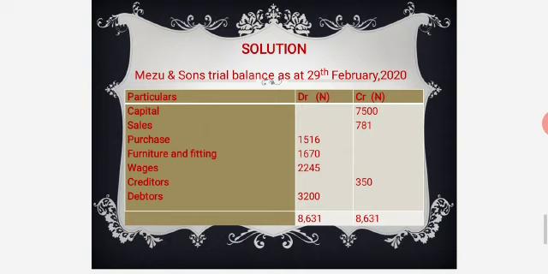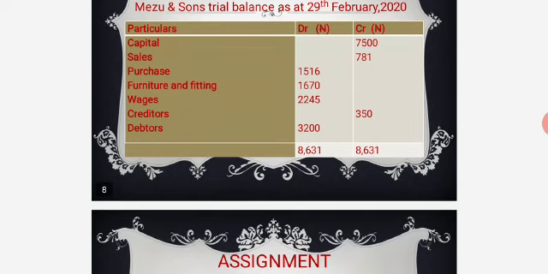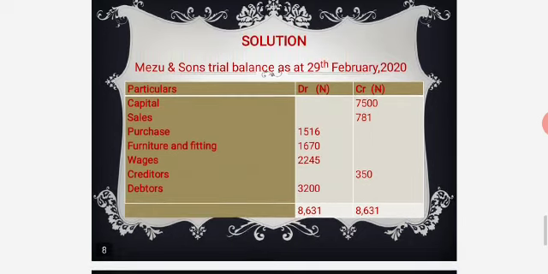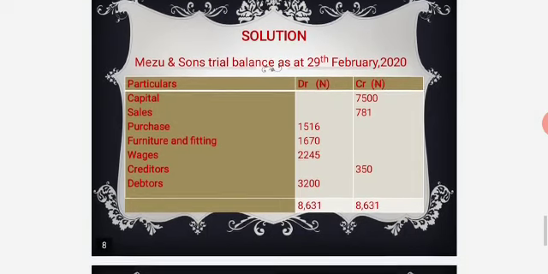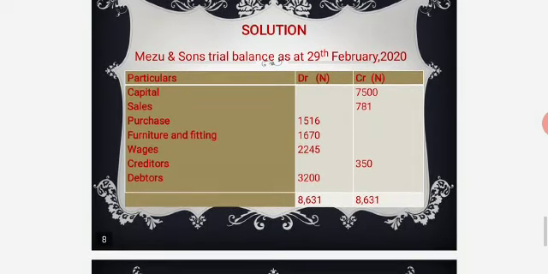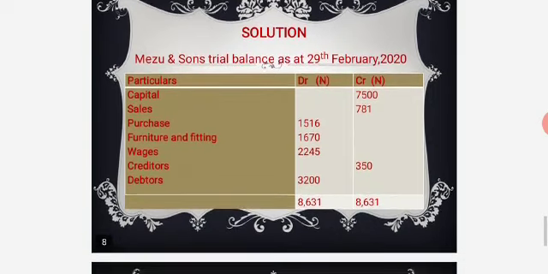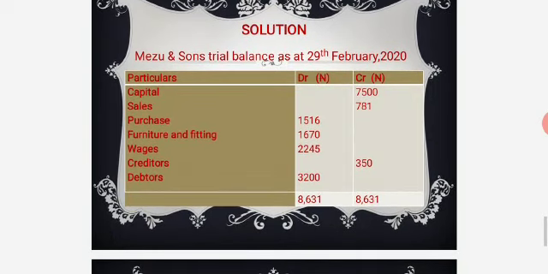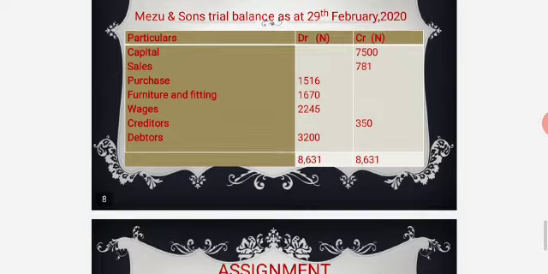That brings us to a total of the debit side 8,631 naira, and also the credit side 8,631 naira. But if a child wrongly positions, for instance, crediting purchases or crediting furniture and fitting, it will be obvious that there will be a discrepancy in the totaling.